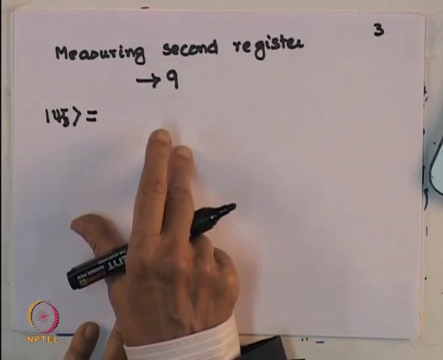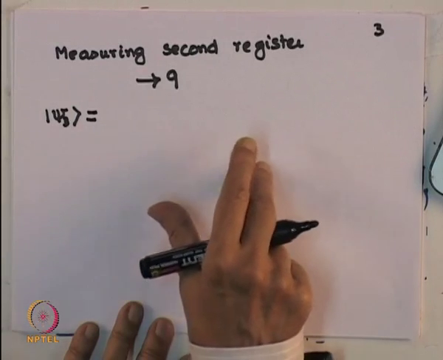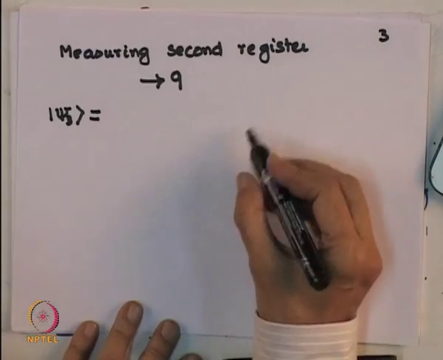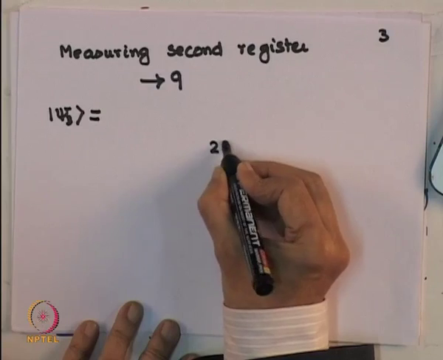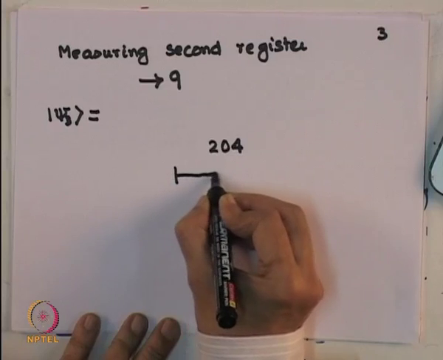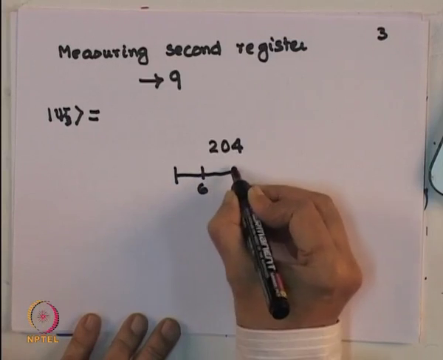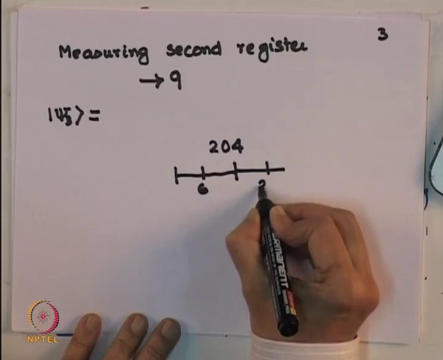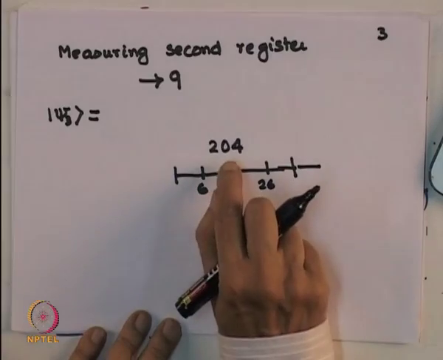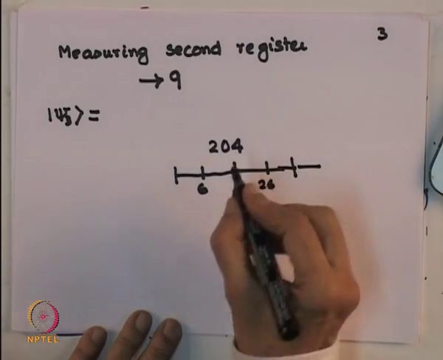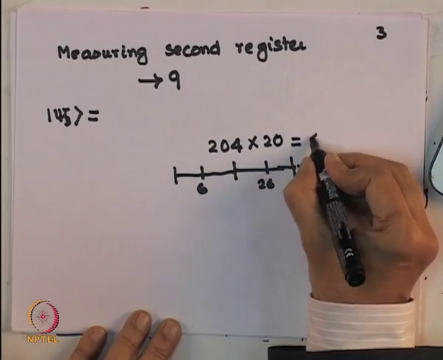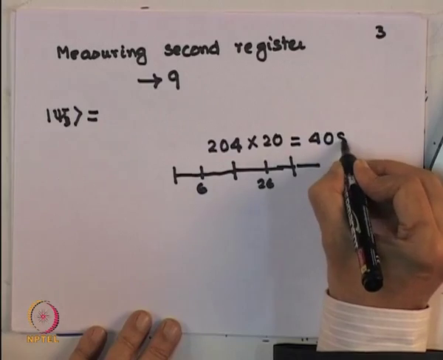So since I know the period to be 20, I can immediately count that there are a total of 204 states in the first period, because once I have a 6 there in the first period, I will have a 26 in the second period, 46 in the third period, etc. But then 204 into 20 is 4080.